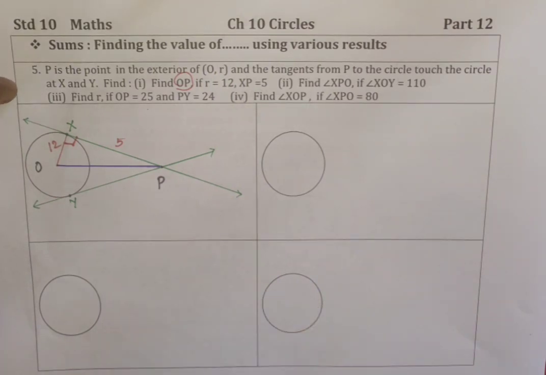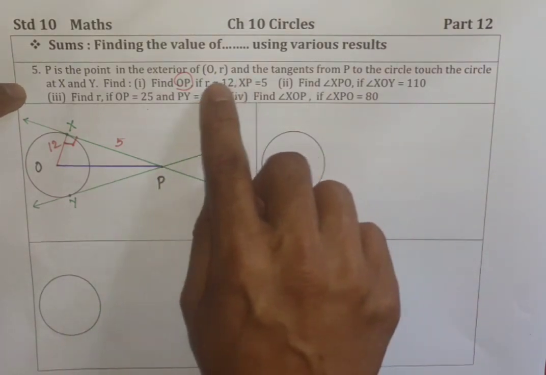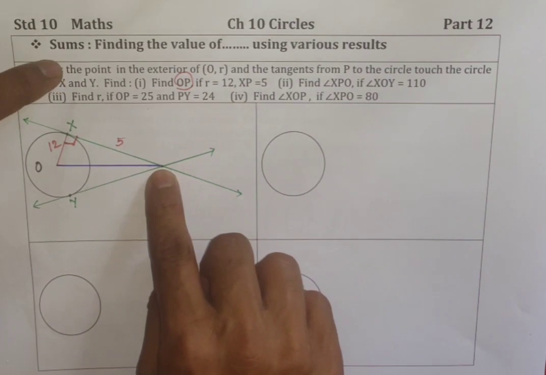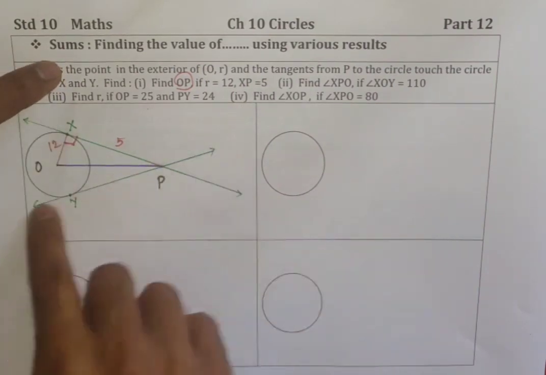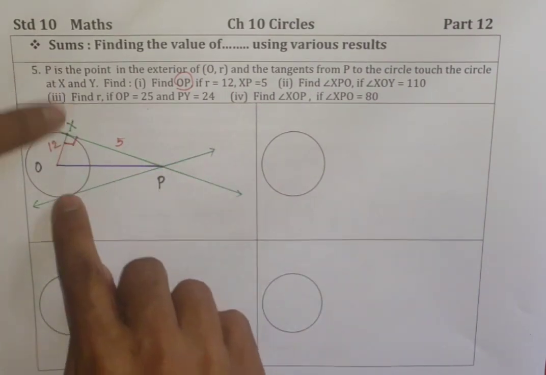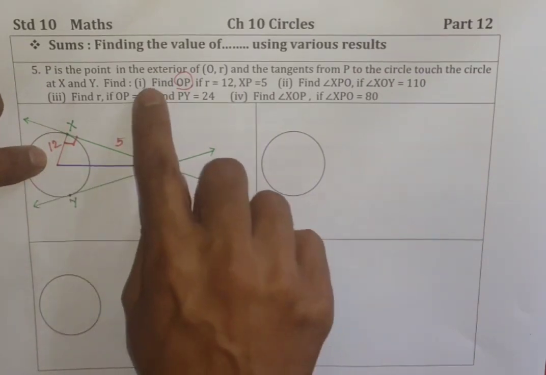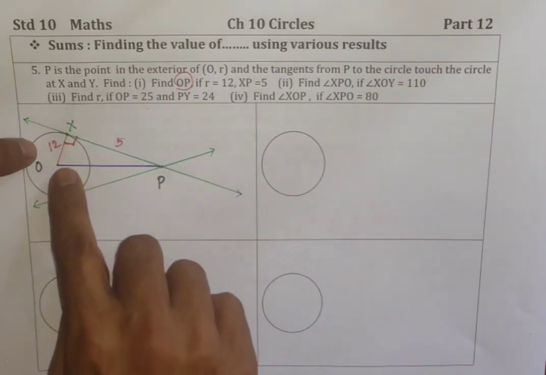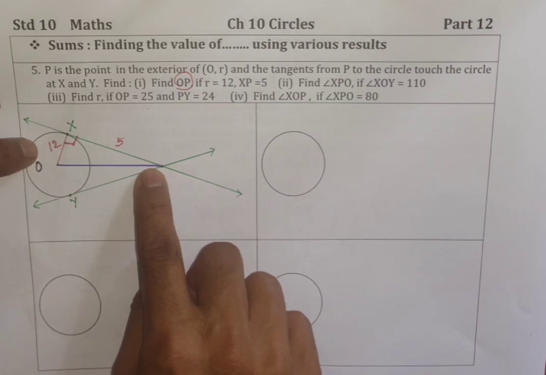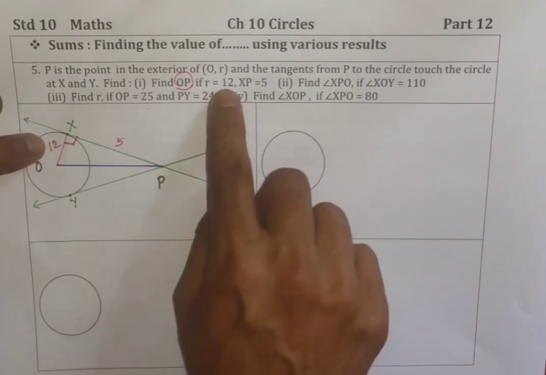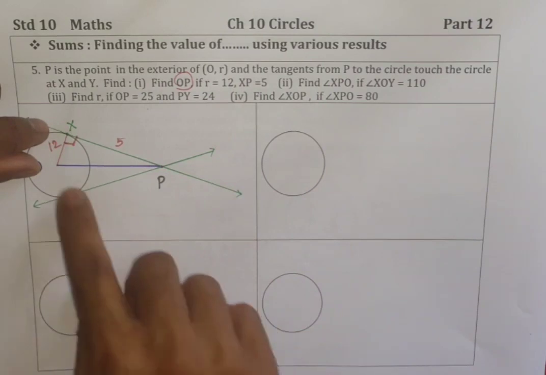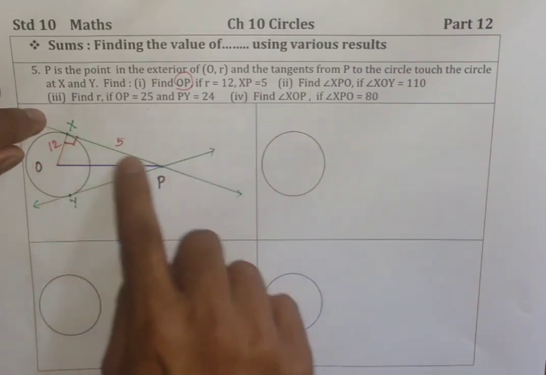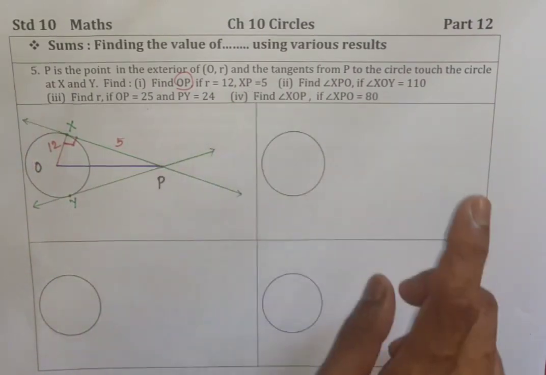So let's see. Alright, P is a point in the exterior. Tangents through P and Q touch the circle at X and Y. O is the center. Now in the first case, where is OP? Here. Find OP, the blue segment, if radius r, radius OX, is 12 and XP, the length of the tangent, is 5.